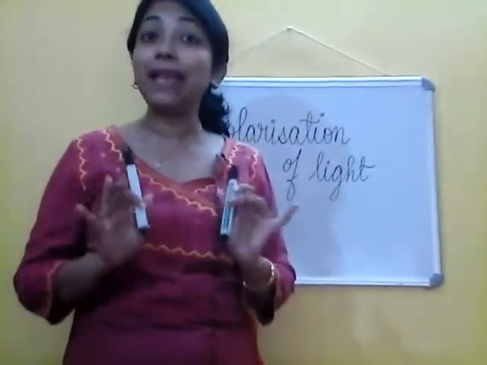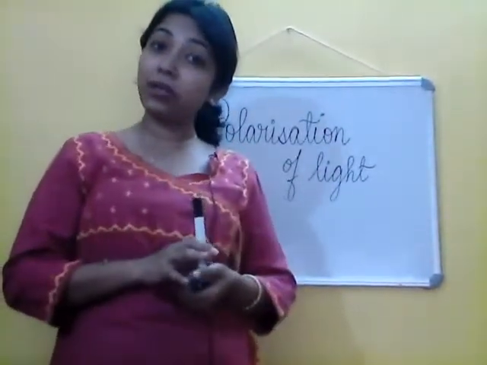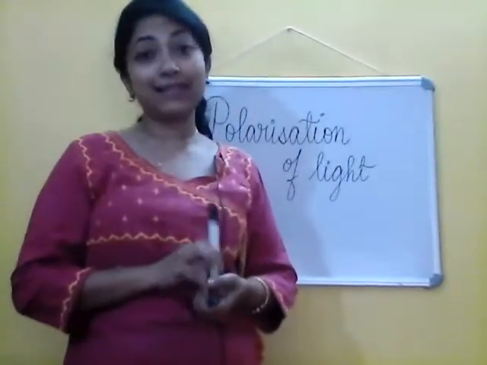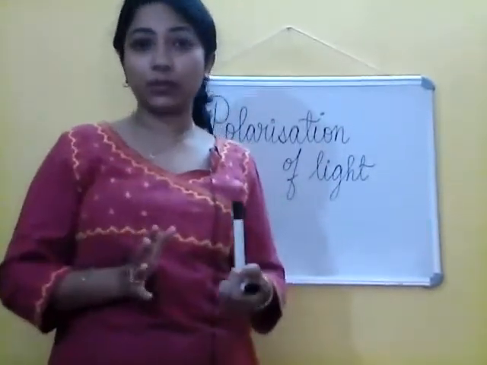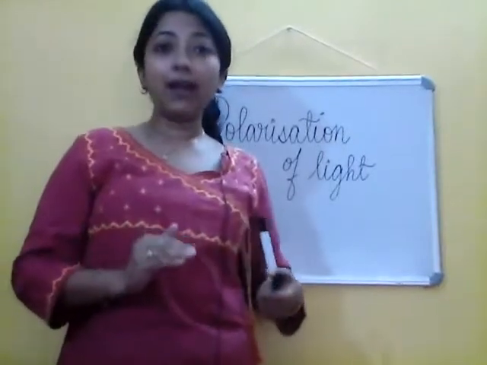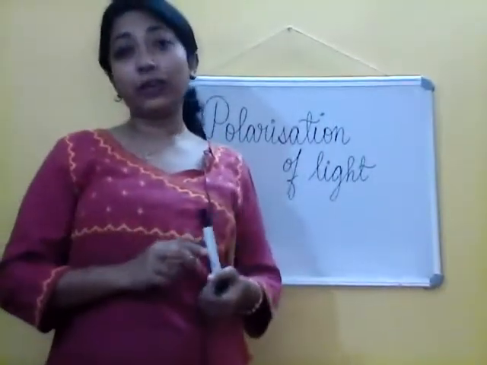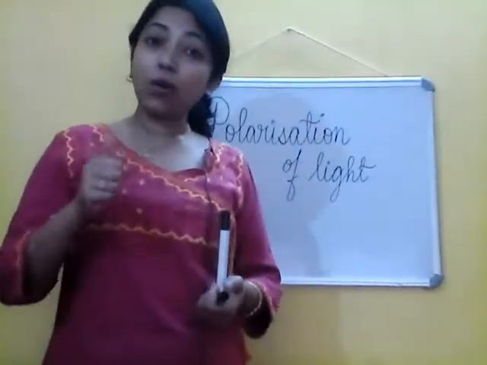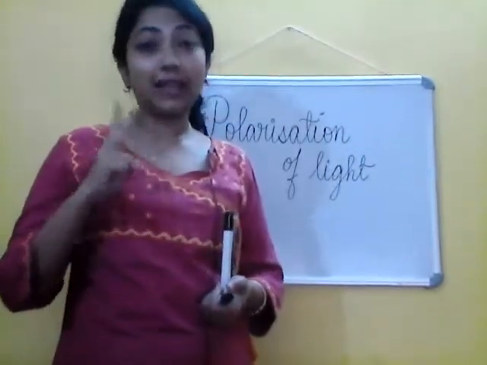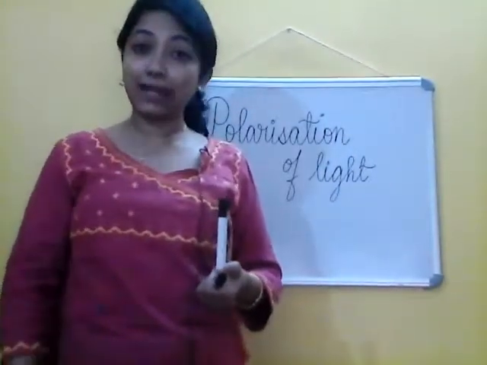This is called plane polarized light, which is the best thing which is possible. However, there are other two types of polarization as well. One is called elliptically polarized light and the other is called circularly polarized light.